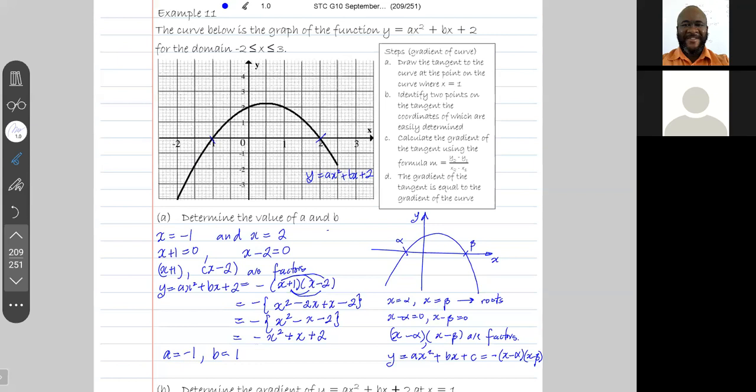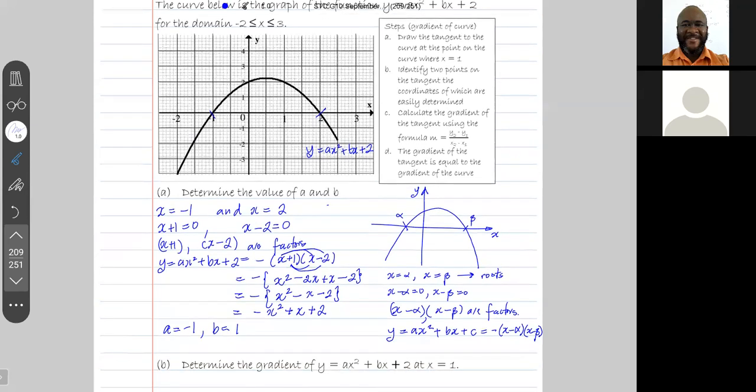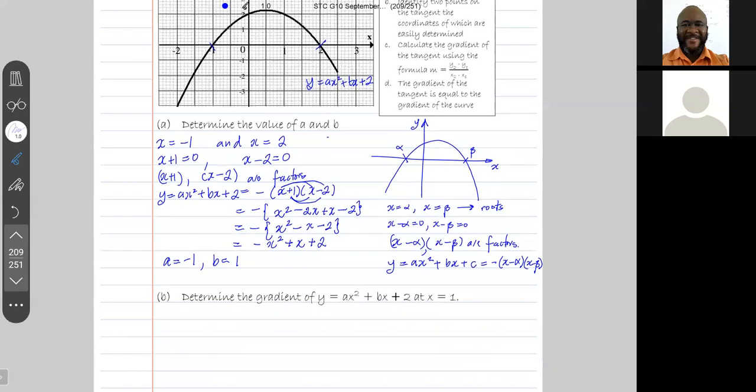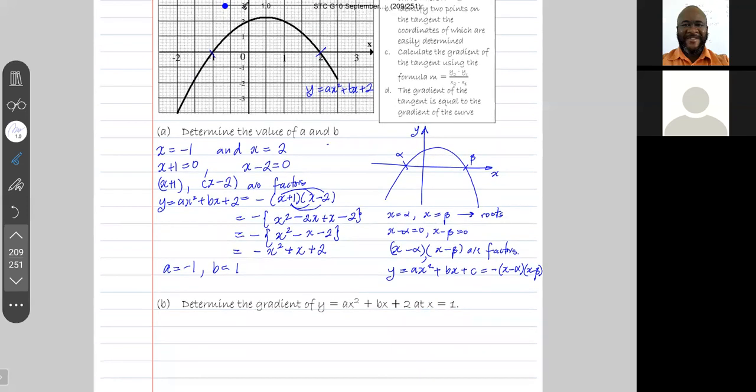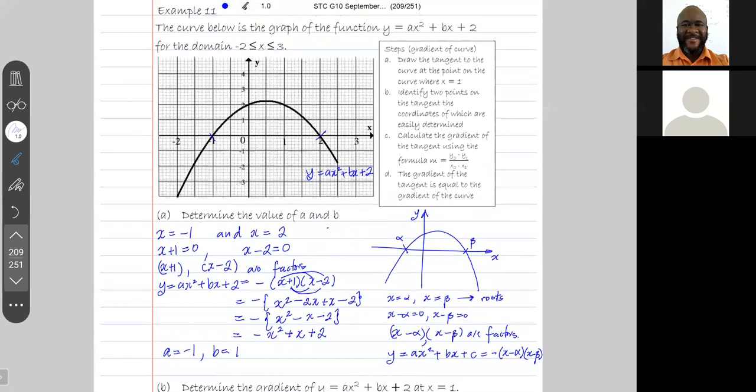The next thing we're asked to do is to determine the gradient of the curve at x is equal to 1. There are some steps that were given to you. It says, draw the tangent to the curve at the point on the curve where x is 1.